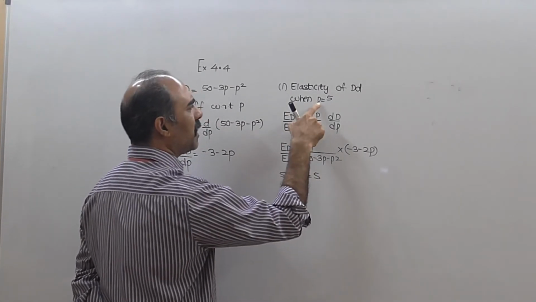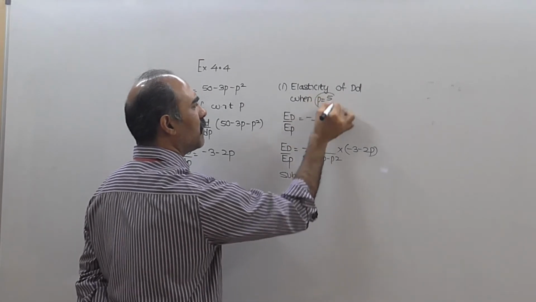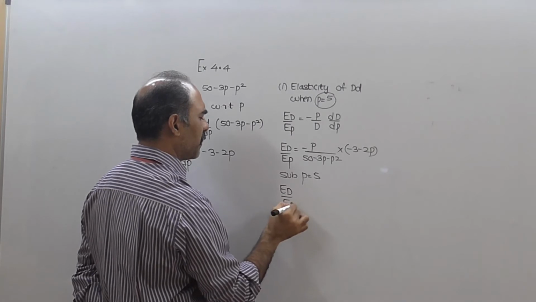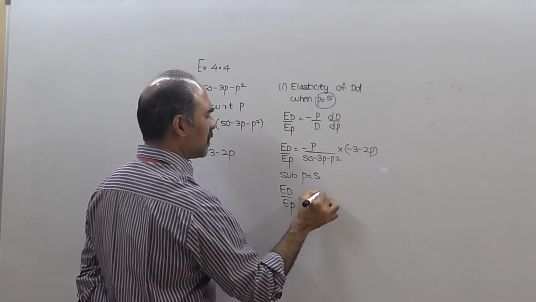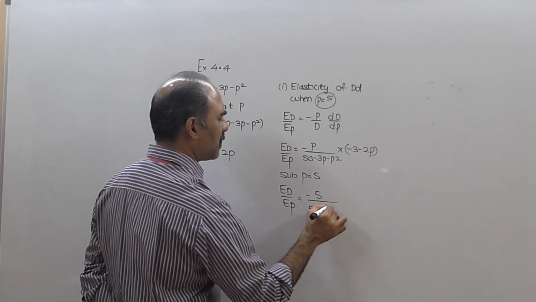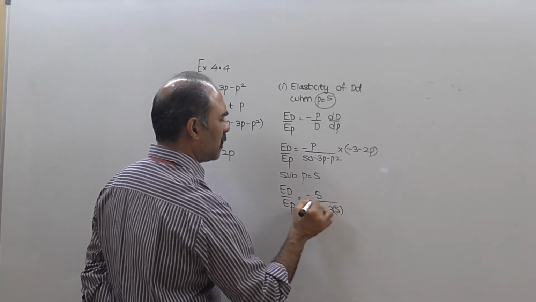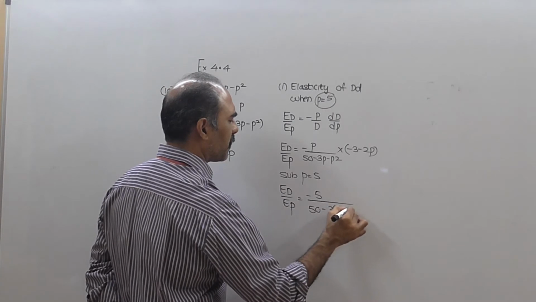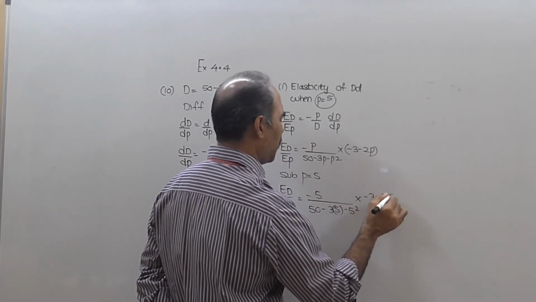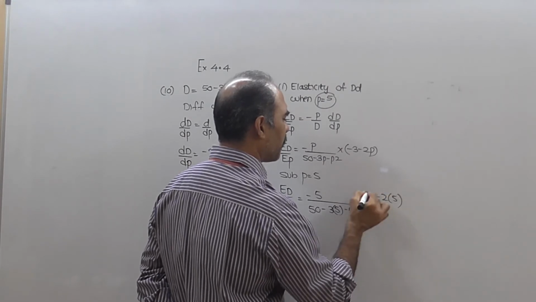Now substitute P equal to 5, meaning you have to find elasticity of demand when P equal to 5. So you will have ED upon EP will be equal to minus 5, over 50 minus 3 into 5 minus 5 square, times minus 3 minus 2 into 5.